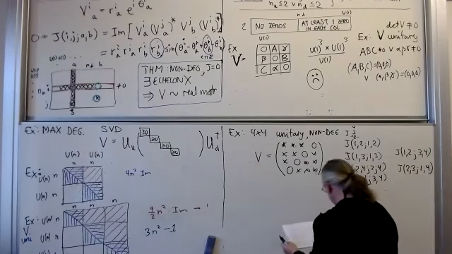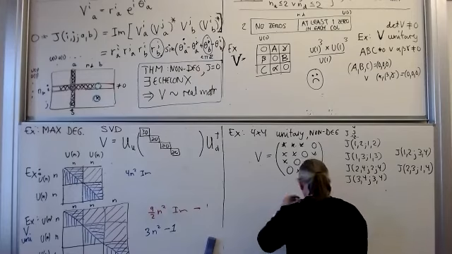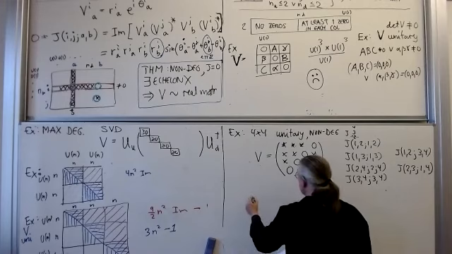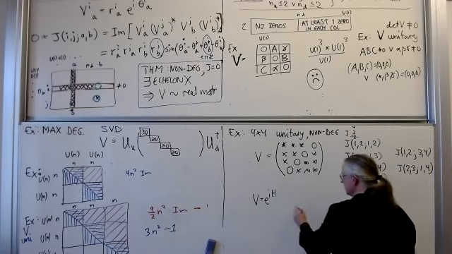So now we continue with an infinitesimal analysis. We imagine that V is of the form e to the i h, where h is infinitesimal.